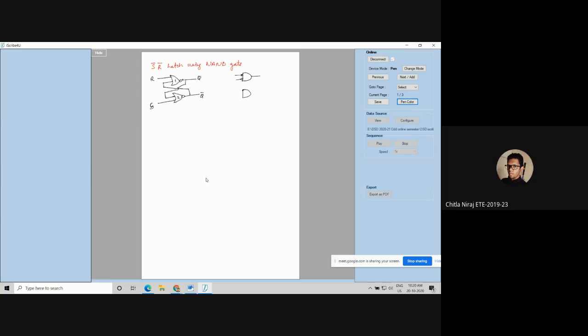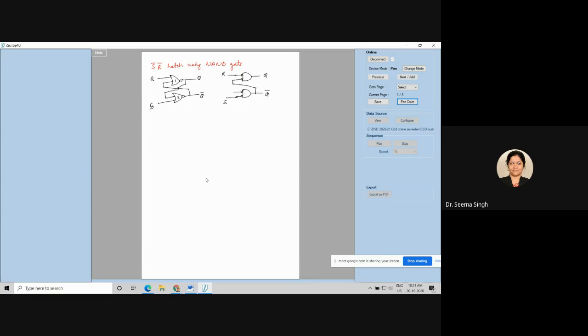What is a bubbled AND equivalent to? Active low input AND gate, that is fine, but I am asking about the operation. NOR gate, right. Bubbled AND is equivalent to NOR gate.